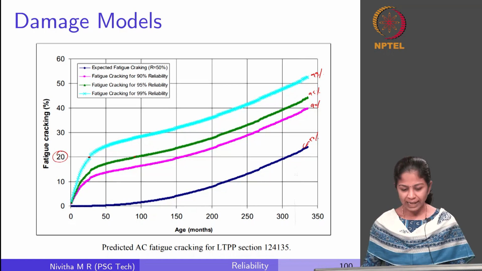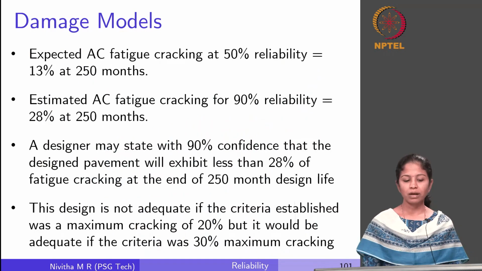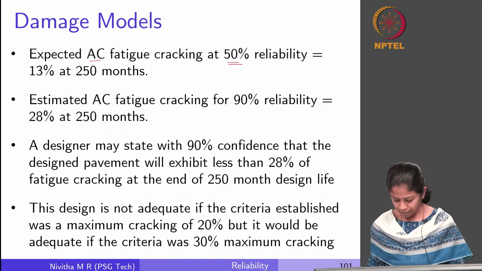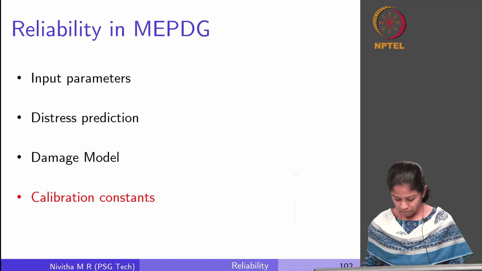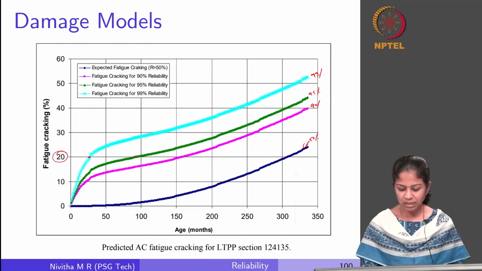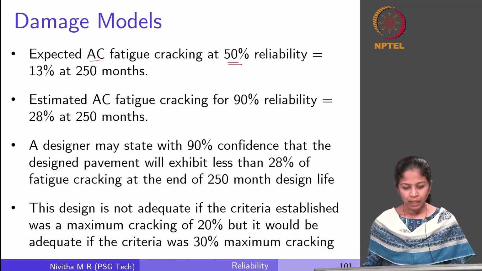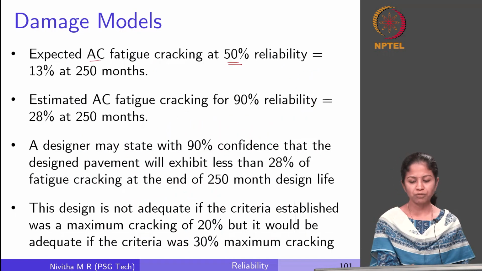So, this is again explained here through this example. If we look at the expected asphalt concrete fatigue cracking at 50% reliability level, it is 13% here, right, in 250 months.